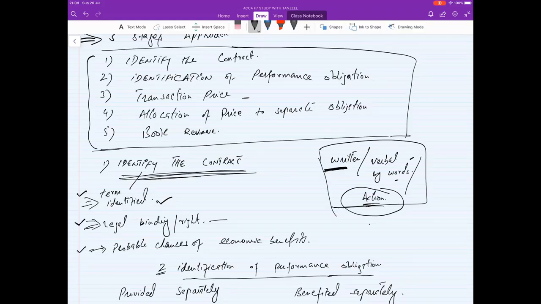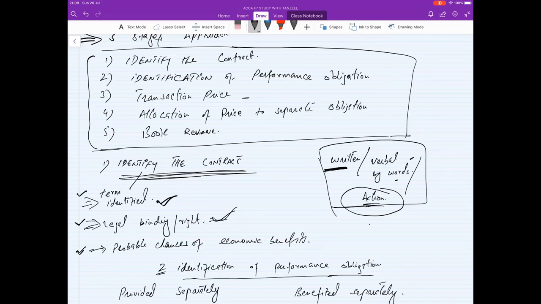Then we have to identify the terms of the contract, like if I say I need 5,000 for this mobile, or I will give you the iPhone 11 for 500, then I must offer and you must accept, as we have already studied in law. Any contract must be legally binding, with a right to sue: if I breach the contract, you can legally sue me and legally enforce it. So this is a contract.